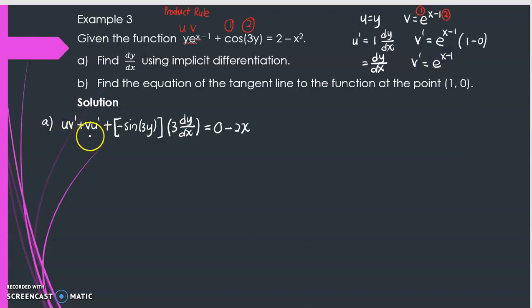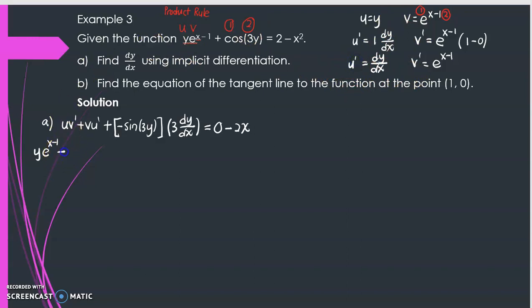Next, I will substitute in this expression. So u is y, v prime is e to the power of x minus 1. You can refer to here for u, v, u prime, and v prime. So this is u prime.